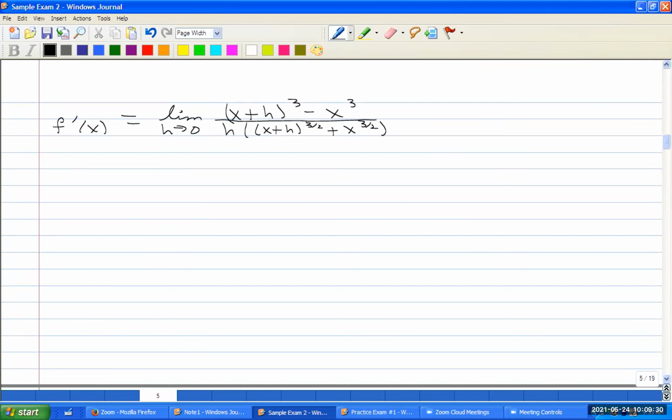And so this is the limit as h approaches 0.